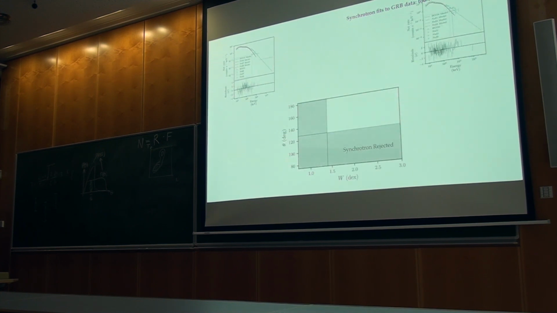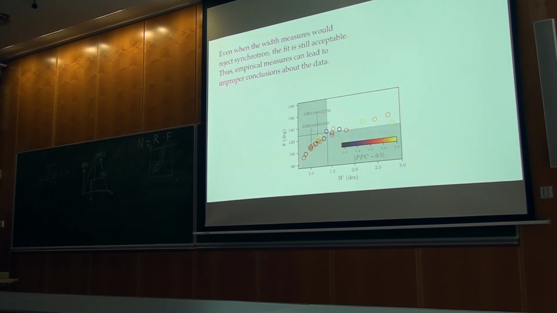And what was interesting is you found that, yes, there were some spectra that were allowed to be fit by synchrotron. If this circle ends up in this gray box, then synchrotron should be rejected. But a lot of spectra were able to be fit in this rejected region. And in fact, these two spectra, which are fit to synchrotron, which should strongly be rejected, ended up being quite good fits to the data.